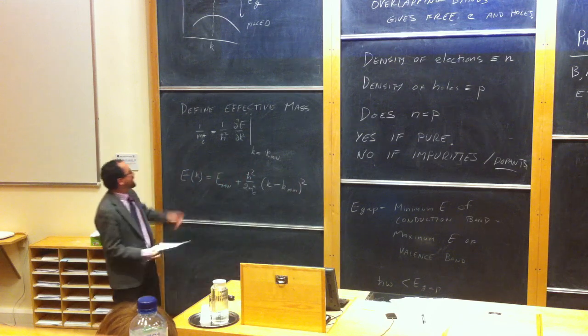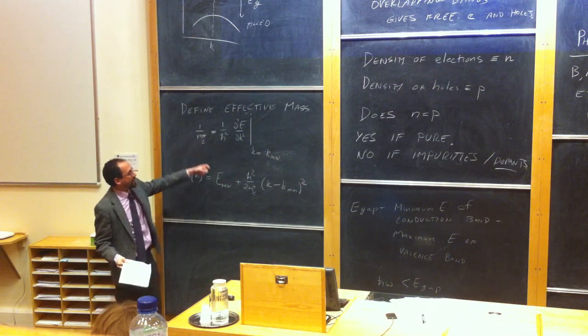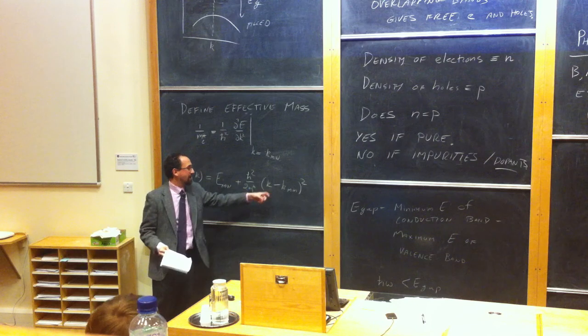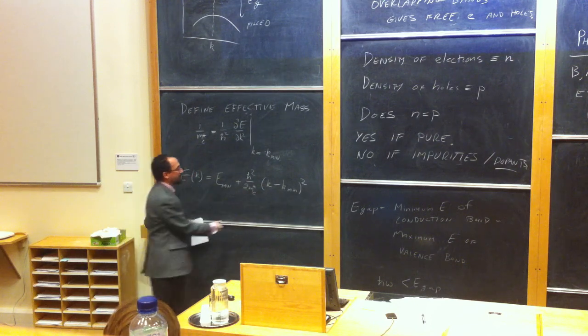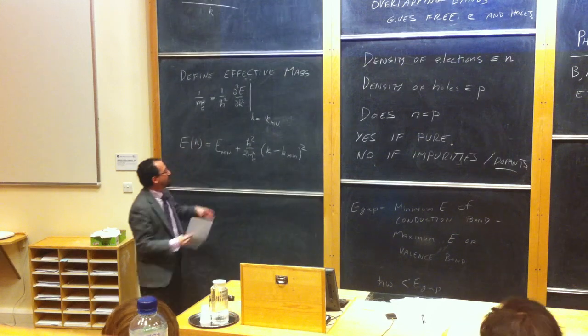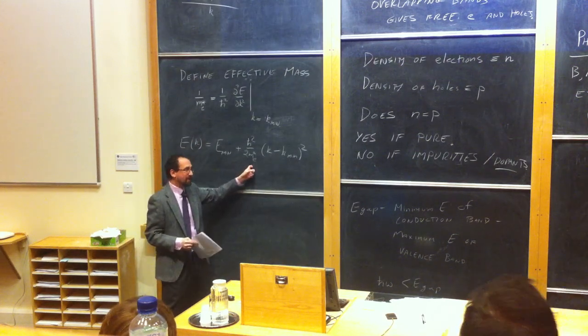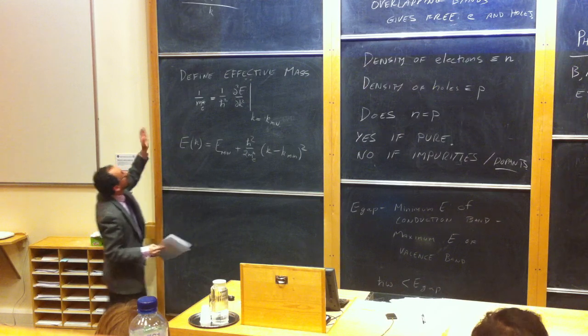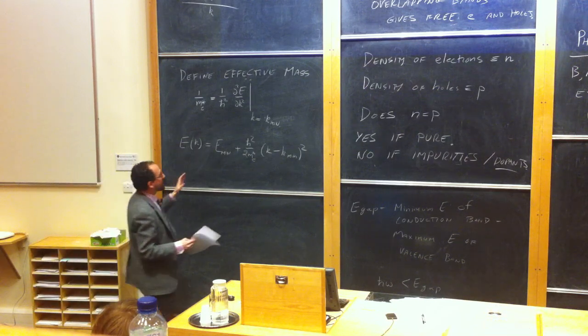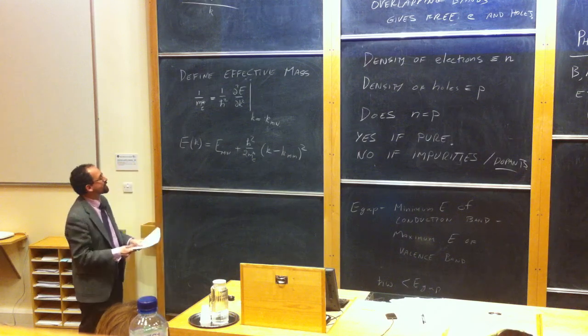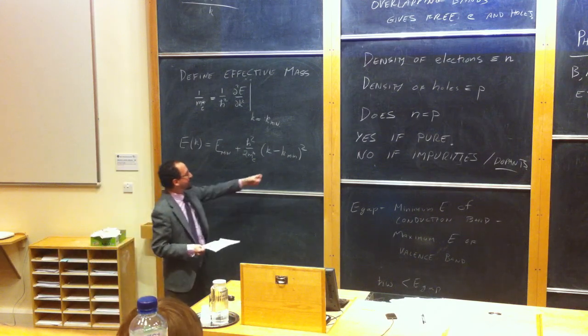So we defined the effective mass in this way, such that this thing would look like a free particle, h bar squared K squared over 2m. Now, two things to keep in mind. One is that it's not the bare electron mass. It has to do with the particular structure of the band, exactly what the curvature is of the band at the minimum.